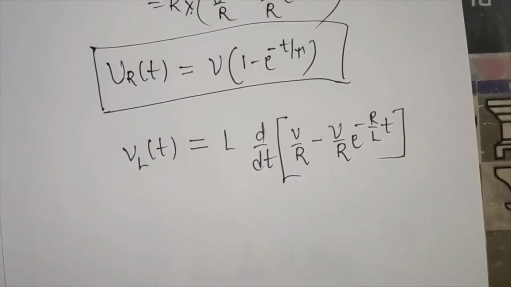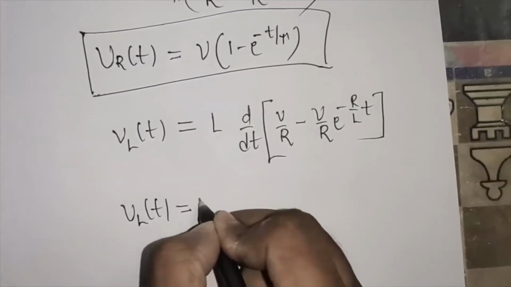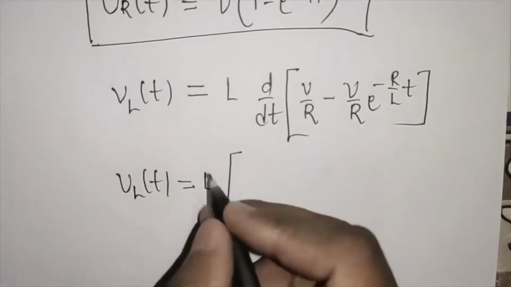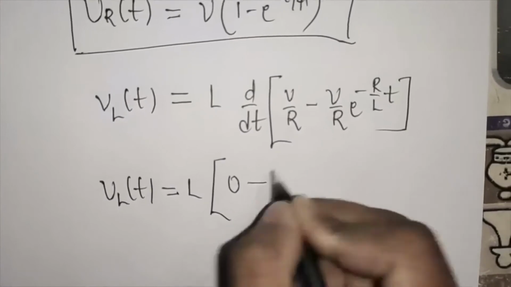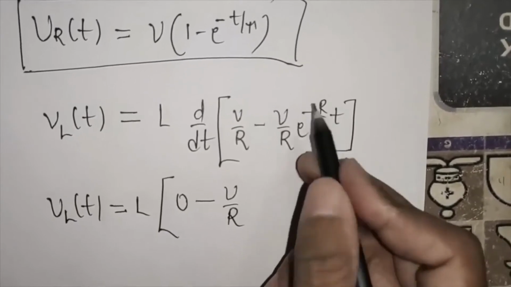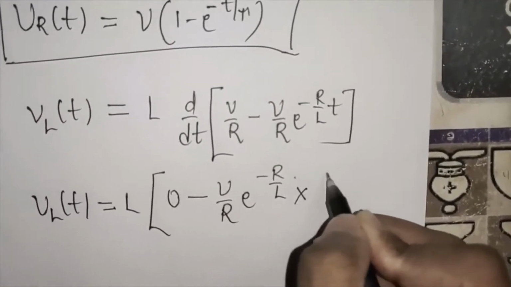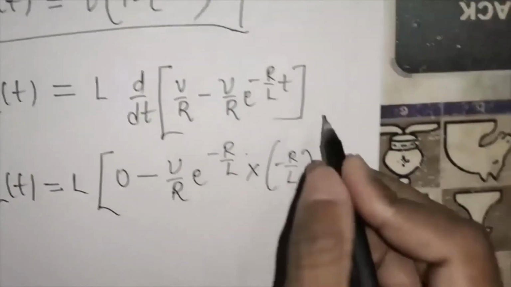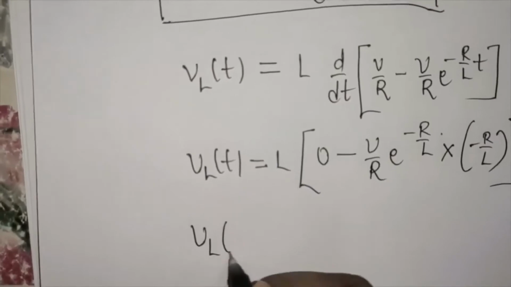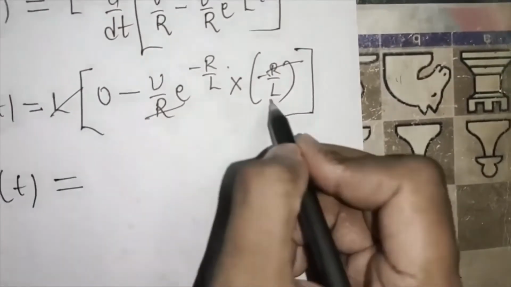So if I differentiate, I'll get VL of t is equal to L into, since V by R is a constant, the derivative of a constant is 0, minus V by R into the derivative of e power minus R by L into t, which is nothing but e power minus R by L into t into minus R by L. So if I simplify, VL of t is equal to, here R and R will get cancelled and L and L also will get cancelled.